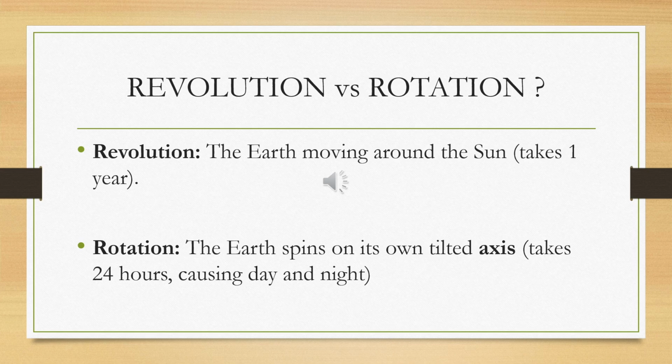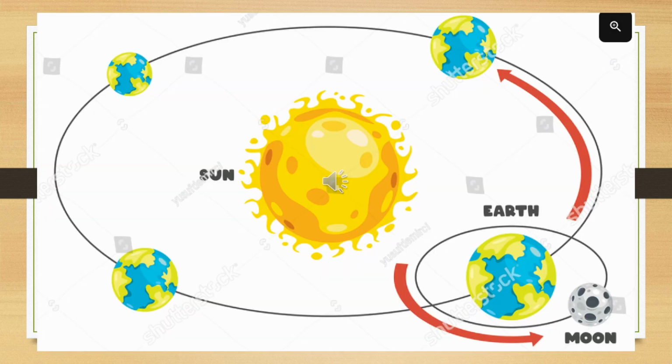However, rotation is when the Earth spins on its own axis, which approximately takes 24 hours, and that is why we have day and night. Now, this slide shows you the difference between rotation and revolution.